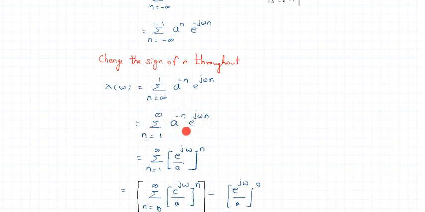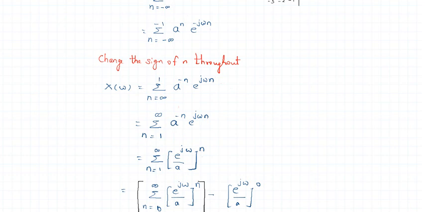To simplify this, we collect the n term common from both terms. So it becomes (e^(j omega) / a)^n. Because it is a^(-n), we have arranged it as e^(j omega) divided by a, raised to n. The power of both these terms is n, which is taken as common.